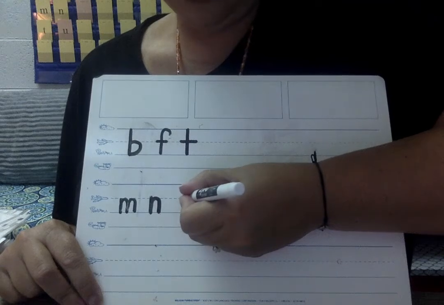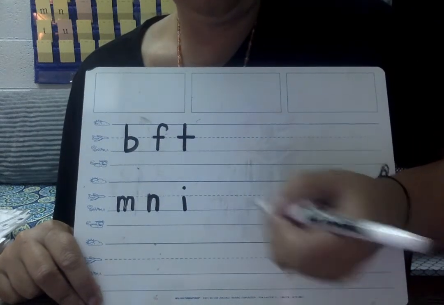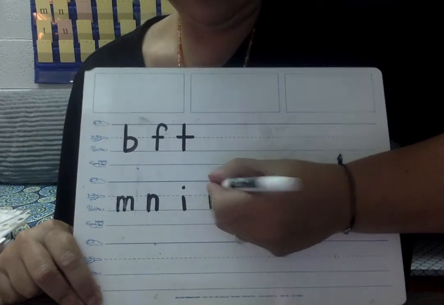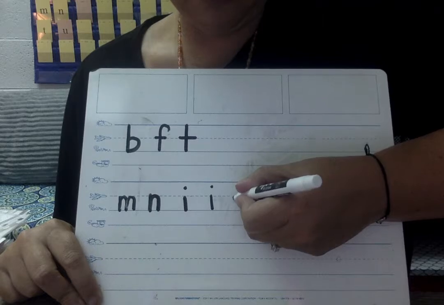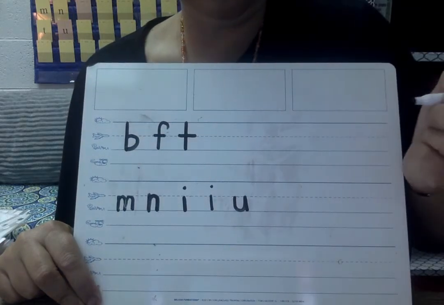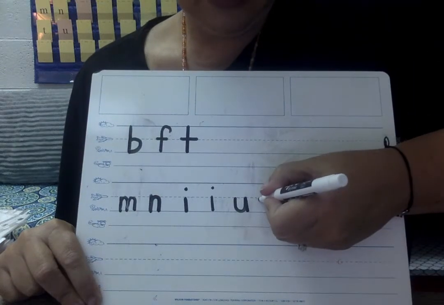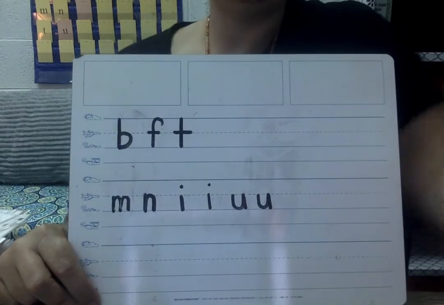We have I, which is nice, easy, straight down, dot at the top, straight down, dot at the top. And our letter U. We're going to start at our plain line, bring it down, curve up, and the kickstand. Start at the plain line, bring it down, curve up, and the kickstand.